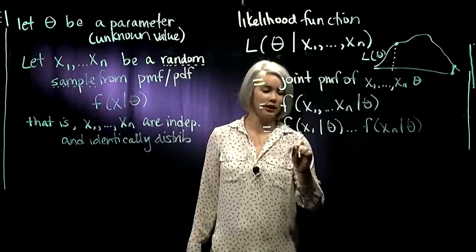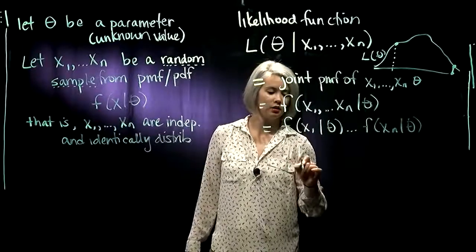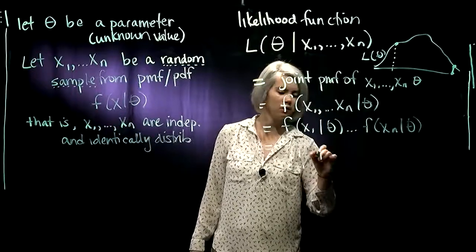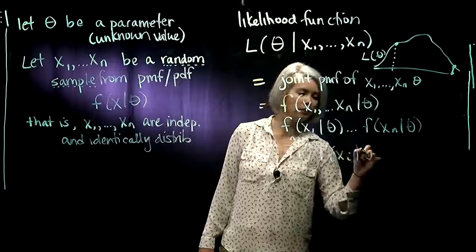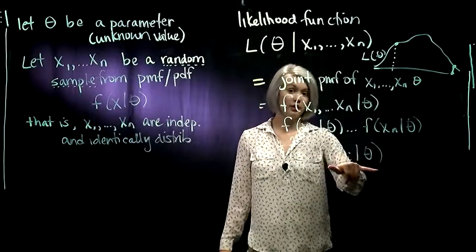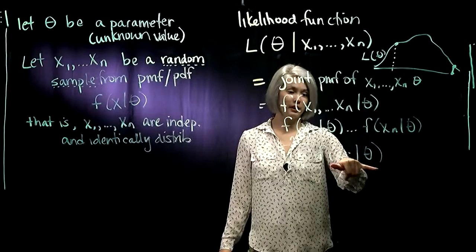Most of the time we can just write it like this. So it's just the product of each of these univariate PMF or PDFs.